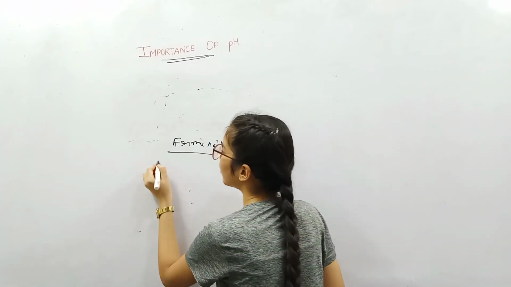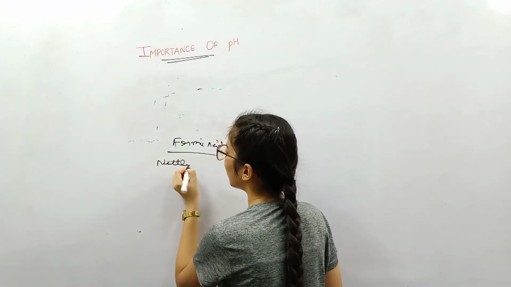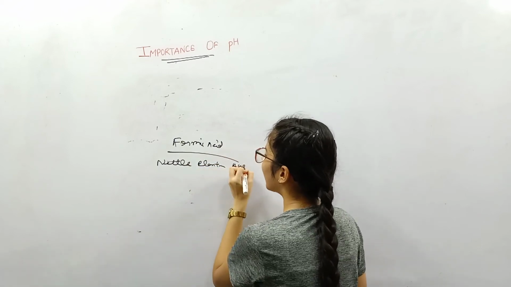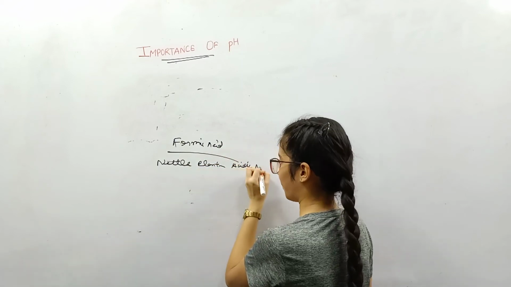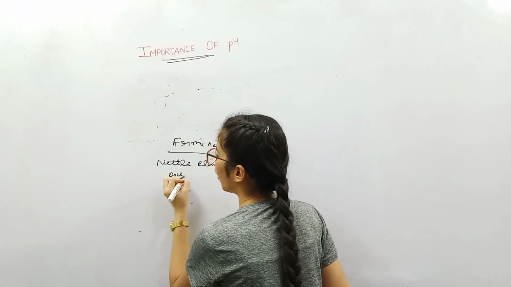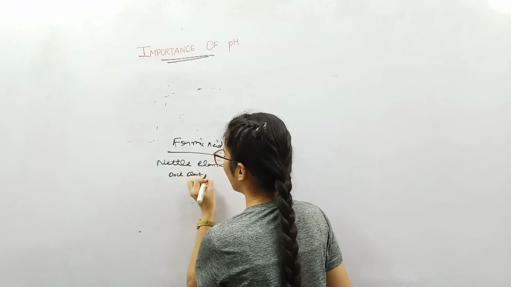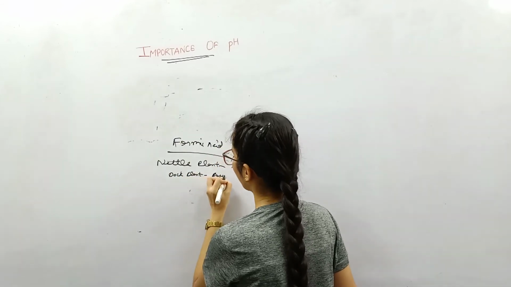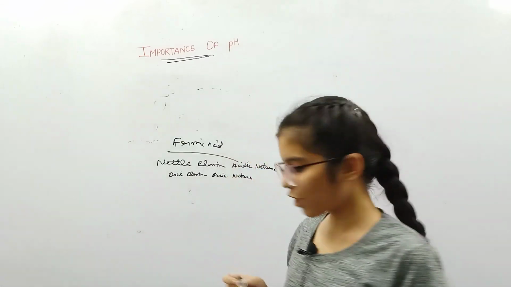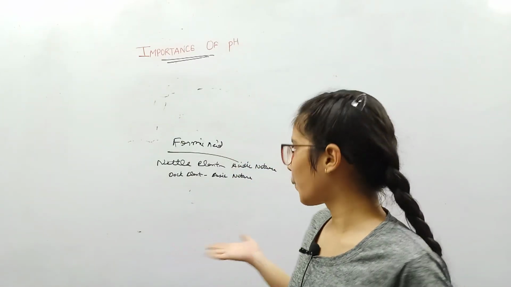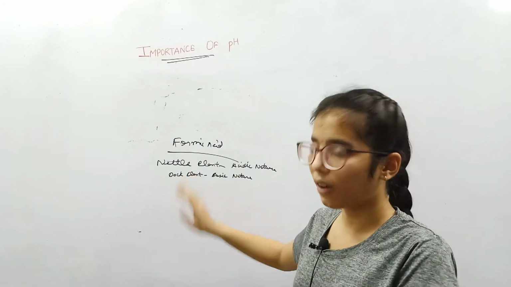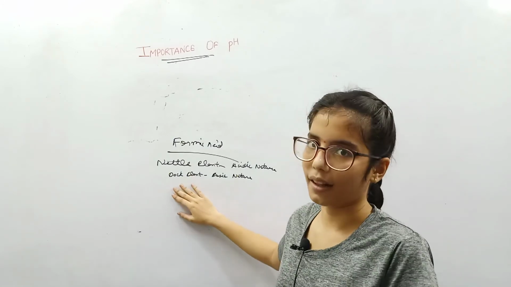Because the nettle plant is of acidic nature, and the dock plant is of basic nature. So just to neutralize the acid present in our body, people usually scrub or rub this dock plant.